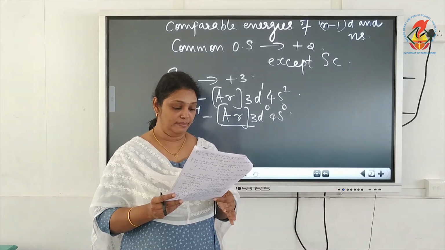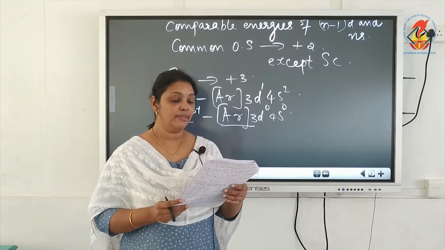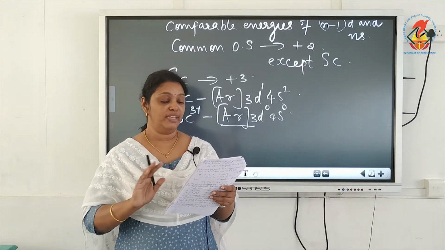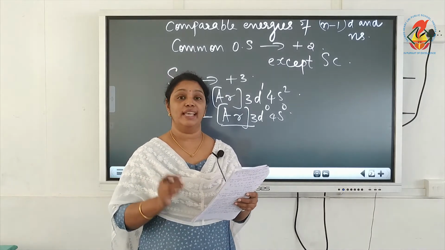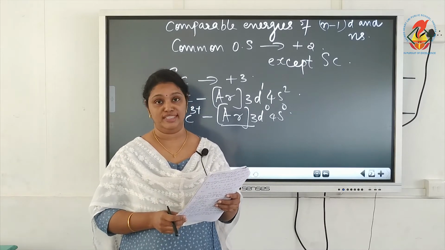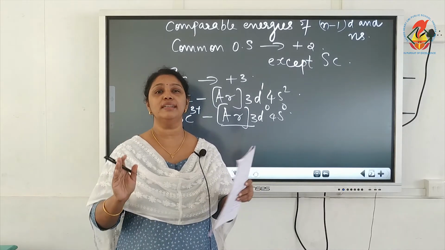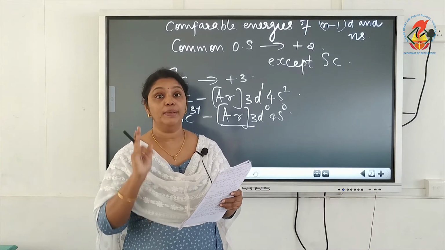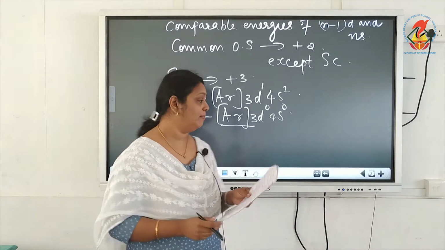Now, next we have the elements near the middle of each transition series exhibit the maximum number of variable oxidation states. For example, manganese.